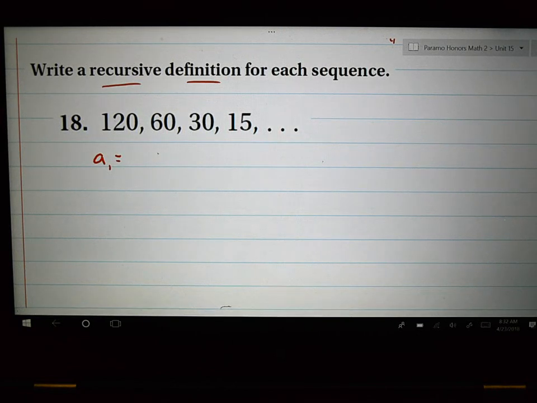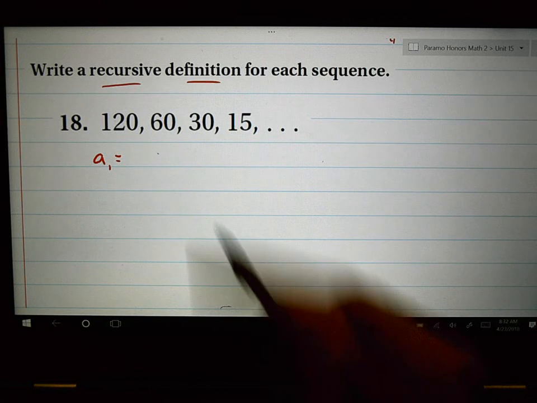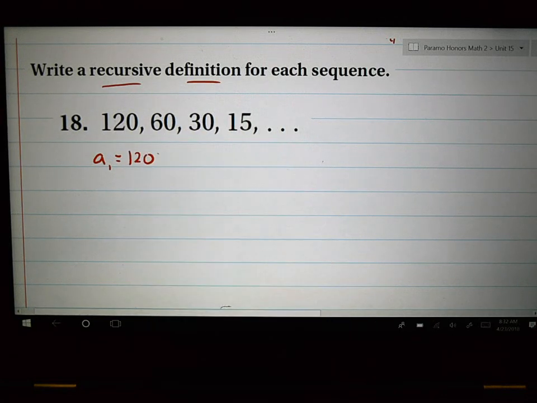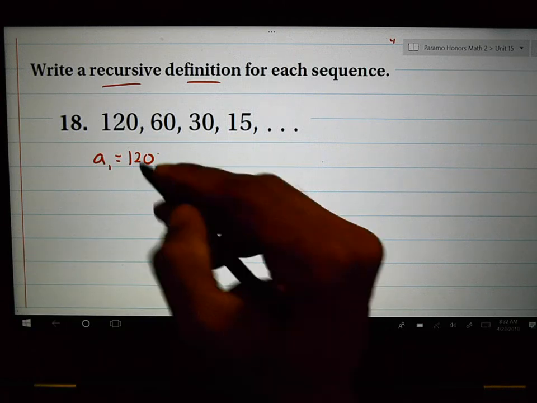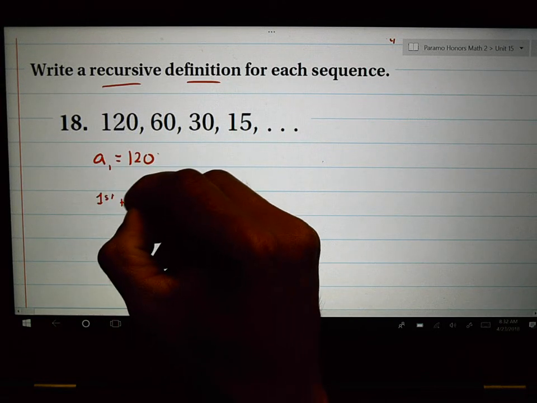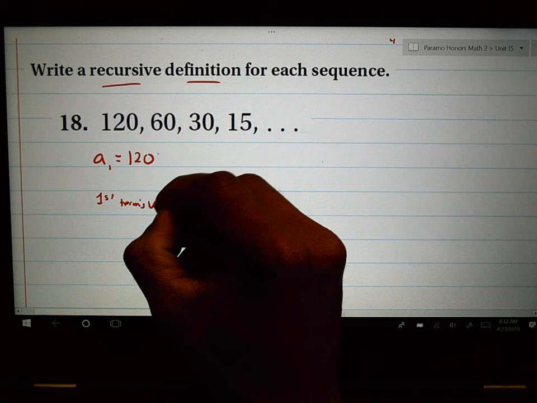What is our first term's value? It's 120, because that's your first term. And then what we have to do is, and I'm going to put first term's value, because I don't think I did a good job explaining that.